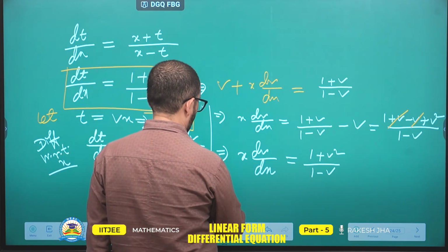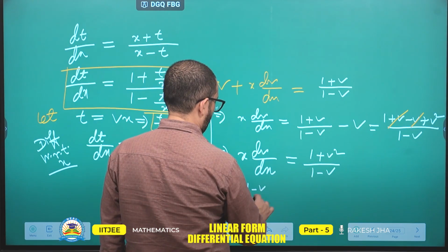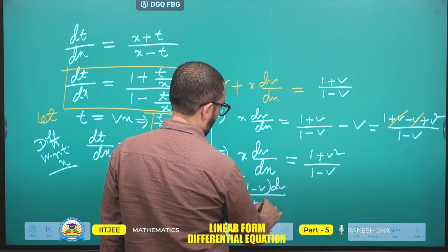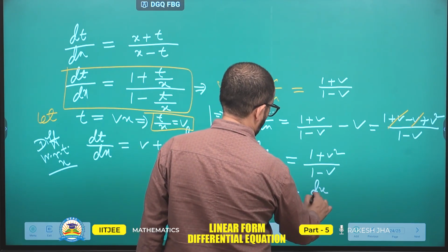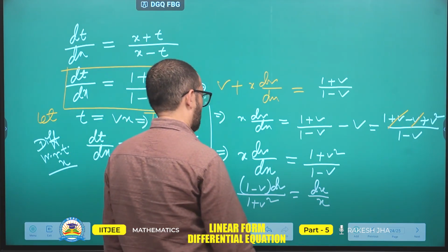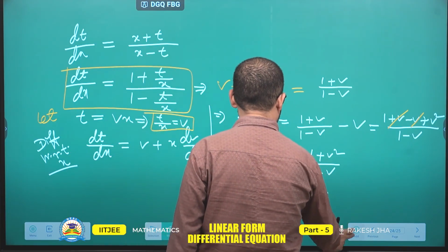So now (1 minus v) dv upon (1 plus v square) is equal to dx upon x. So we'll go to the next slide now.